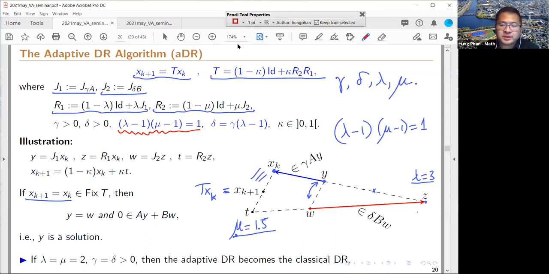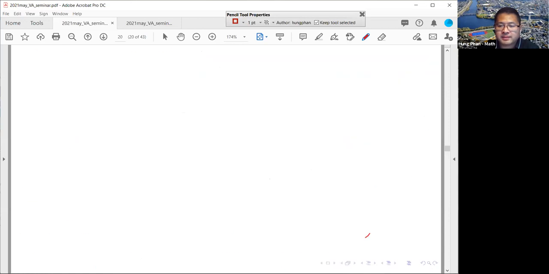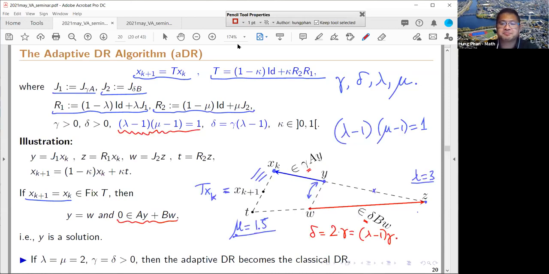Therefore, we need to put the scaling parameters gamma and delta so that eventually I obtain a 0 in the sum of Ay plus Bw. In this case, you can check that delta would be 2 times gamma, which is (lambda - 1) gamma. And of course, if lambda equals mu equals 2, then the adaptive Douglas-Rachford becomes the classical Douglas-Rachford.